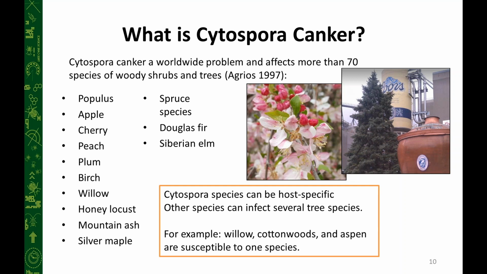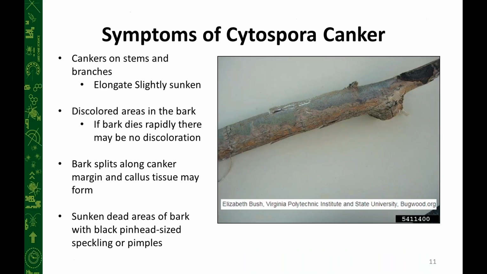Of course, we often think of it affecting our spruce species, and many of us throughout the country deal with it on blue spruce. Interestingly, some Cytospora species can be host specific, while others can affect several different species of tree. As an example, willow, cottonwoods, and aspen are all affected by one species, so that specific group of plants will only be affected by one type of Cytospora Canker.